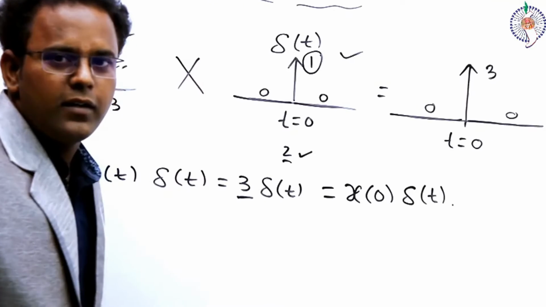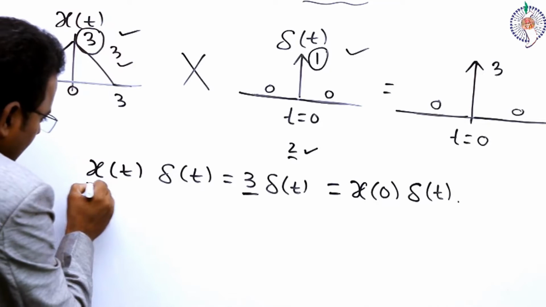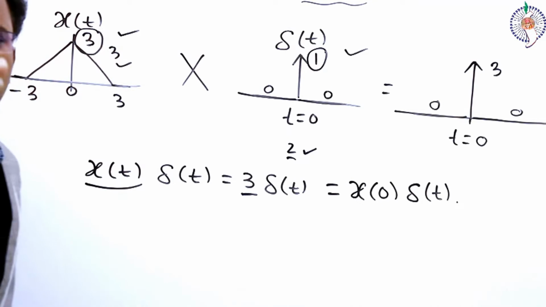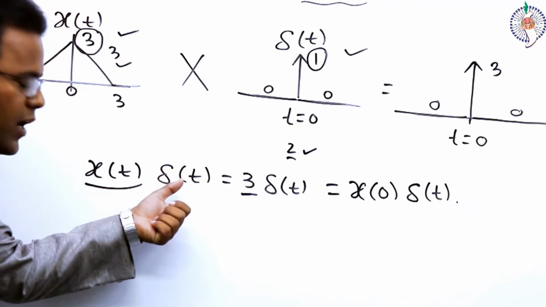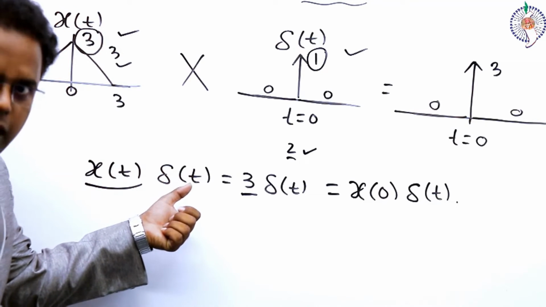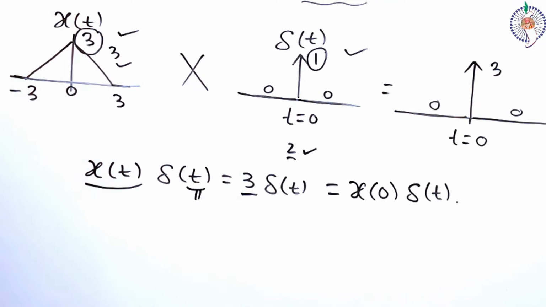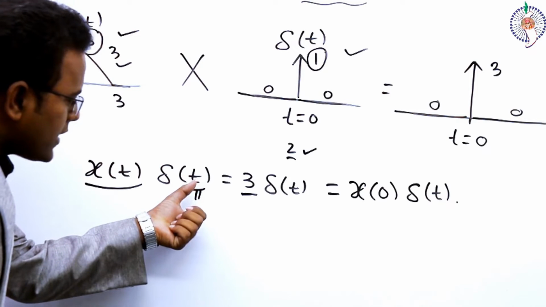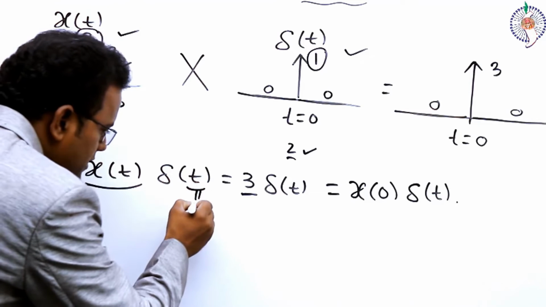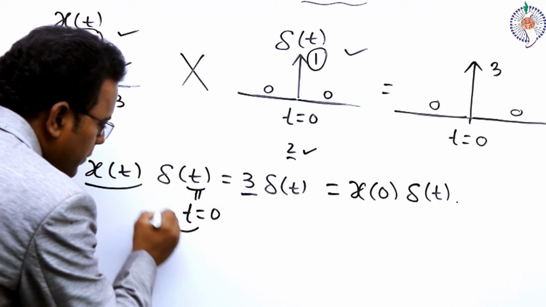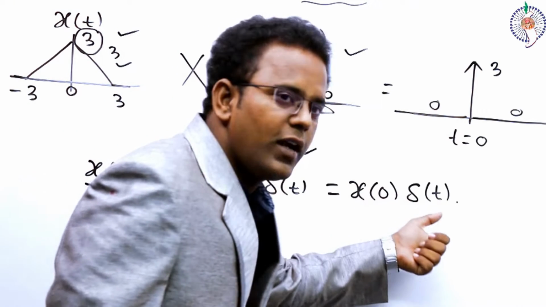The first point we have to understand in the properties is, any signal, here x of t may be any general signal, whatever the signal, if we are multiplying with our impulse signal, replace always where the impulse exists. Always the impulse exists where the argument is equal to 0. Argument is t equal to 0 here. Replace in the second function. So, x of 0 into delta of t.